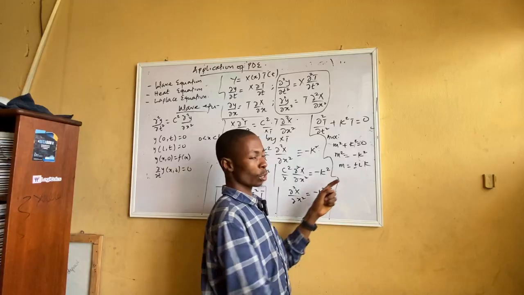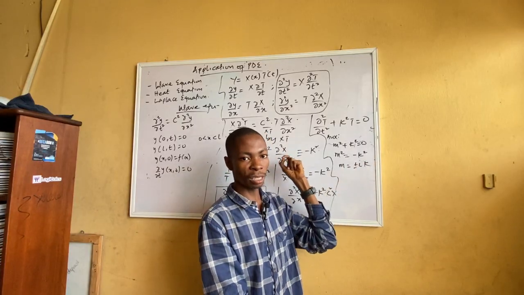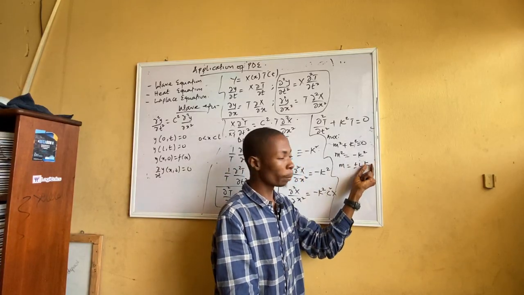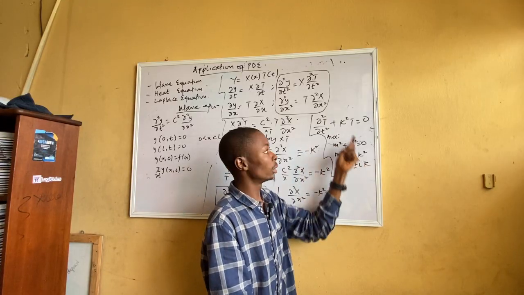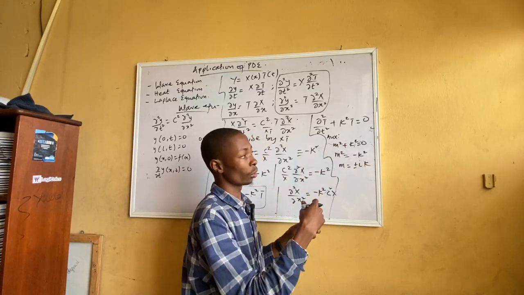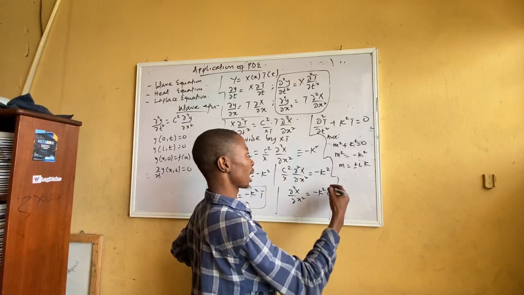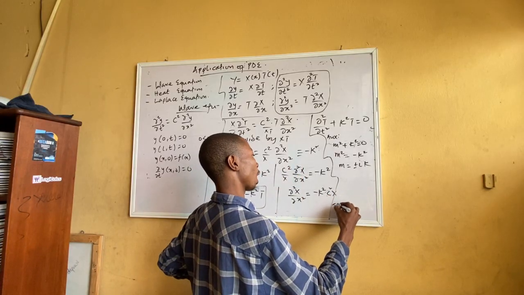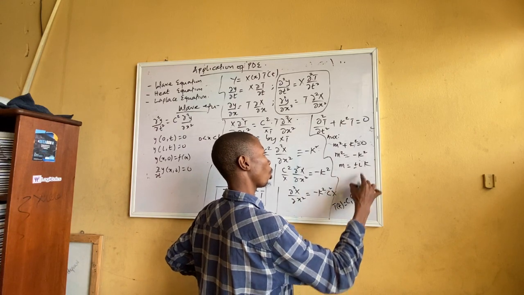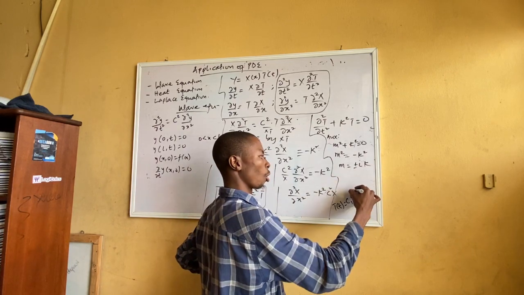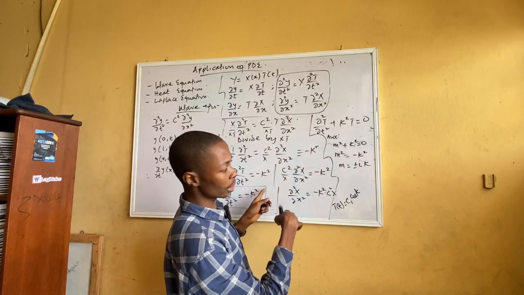So if m equals to plus or minus ik, if you remember in maths method 2, when you have a complex solution, if the root of the auxiliary equation is complex, how will the general solution be? It will be in form of sine and cos, right? So the solution T of t will be c1 cos kt. You know, we are solving for t.